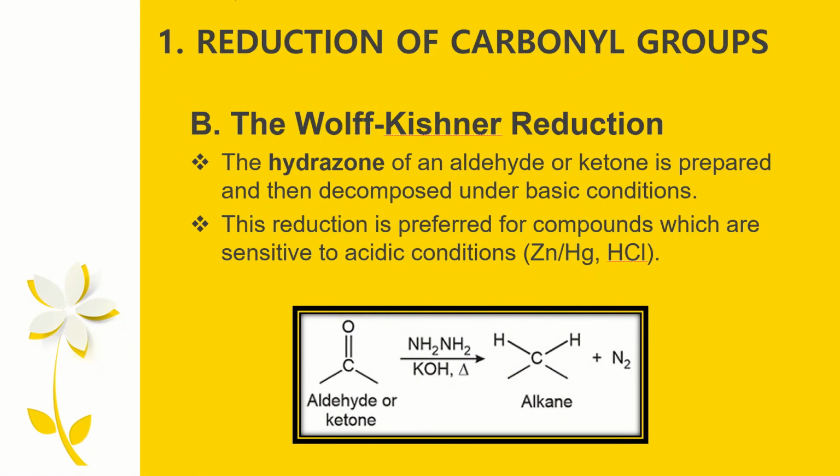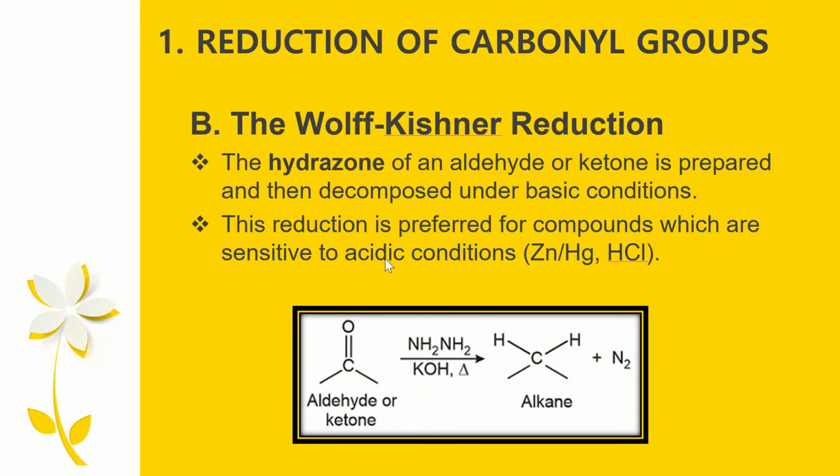All right, so the second reaction we're looking at here is the Wolff-Kishner reduction. It's a similar reaction, we have a carbonyl compound and we end up with an alkane, however, different conditions. The hydrazone of an aldehyde or ketone is prepared and then decomposed under basic conditions. This reduction is preferred for compounds which have acid sensitive groups, right?